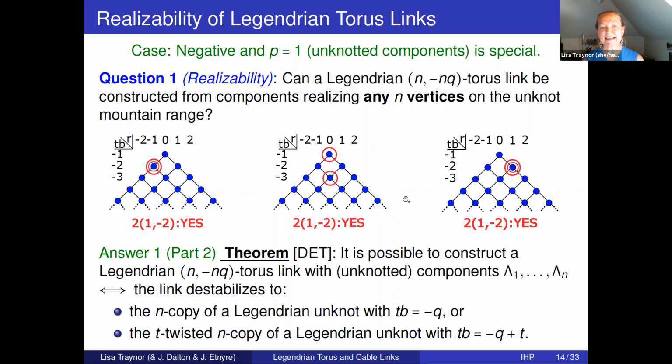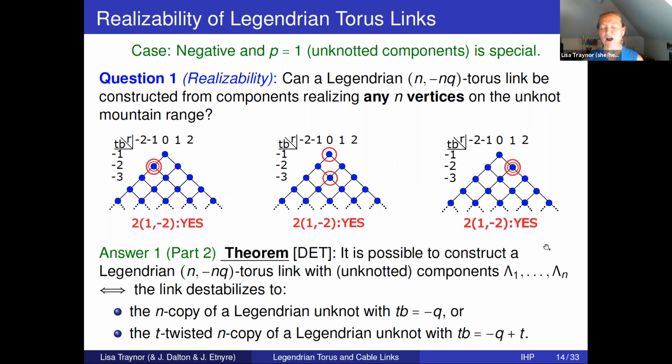In fact, these are the ancestors for all in this case. So you have your checkers or your circles, and you need to be able to move to either an n copy configuration or these t twisted n copy configurations.